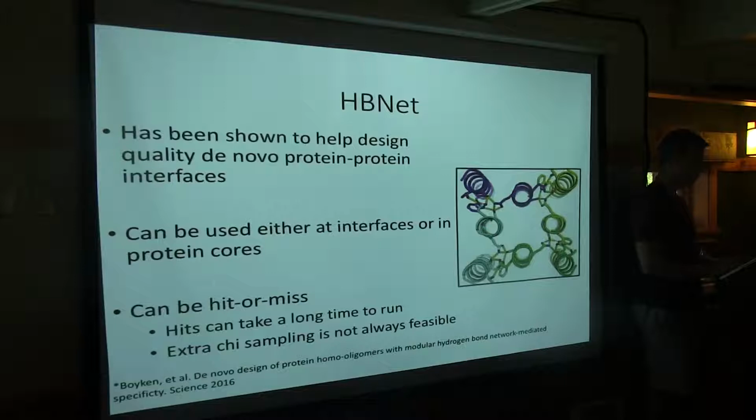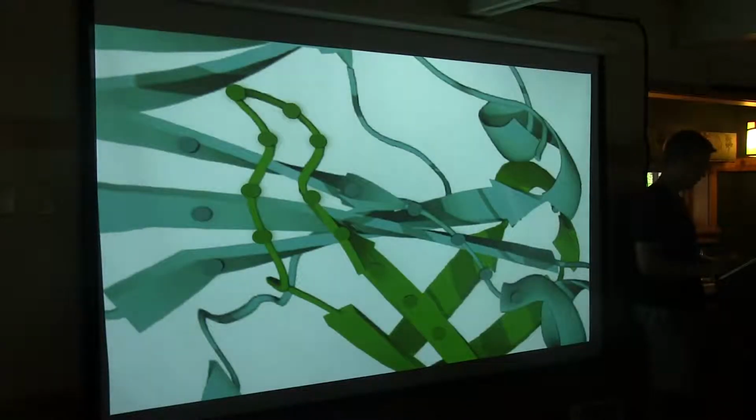So I'm going to briefly talk about how HBNet works a little bit under the hood, but more as an overview. So consider this protein-protein interface, green protein, blue protein, and I put a little disk on the residue positions that we're designing at. Now at each position, we're going to have a rotamer set. We're going to have a series of sidechain conformations that we are going to be considering for that position.